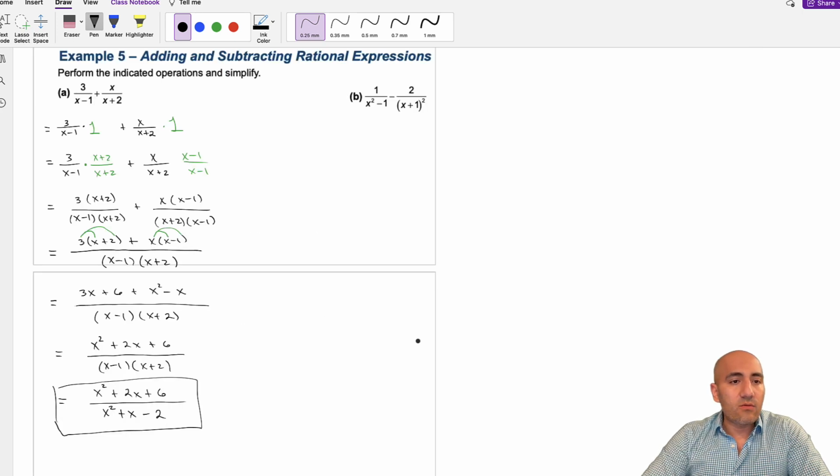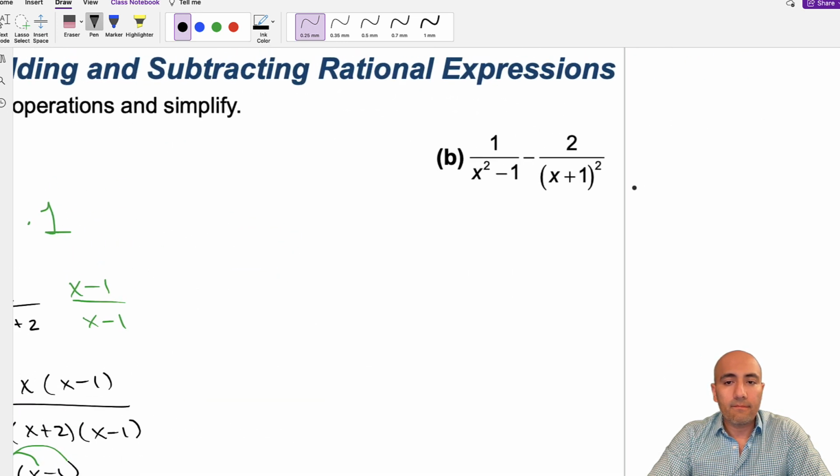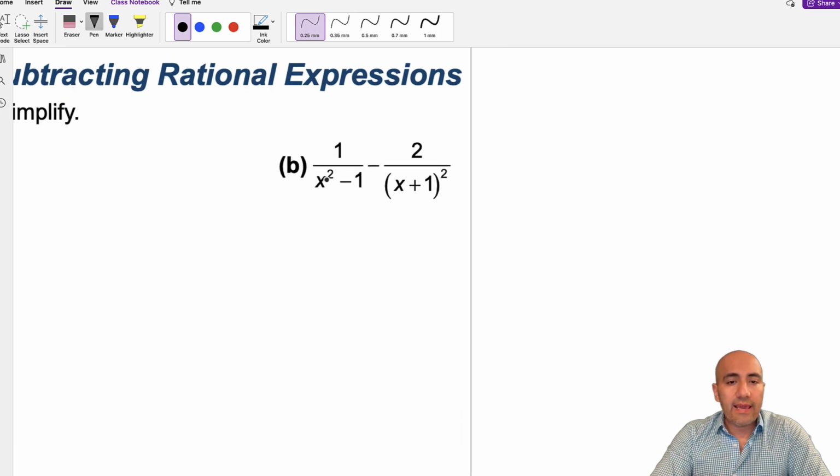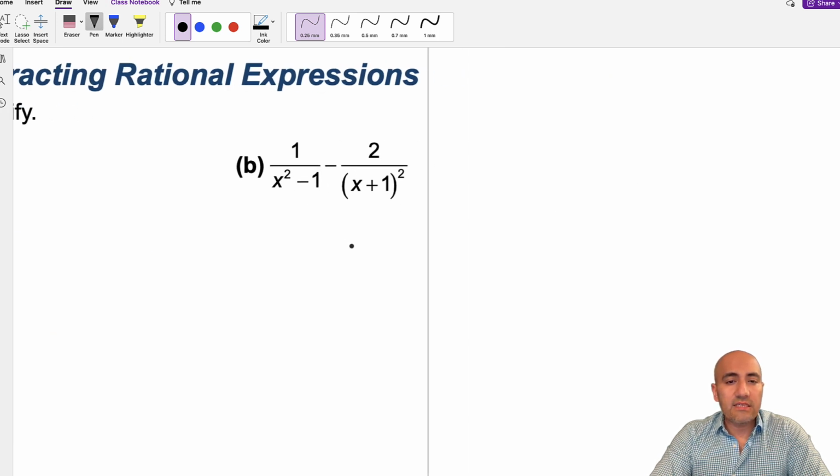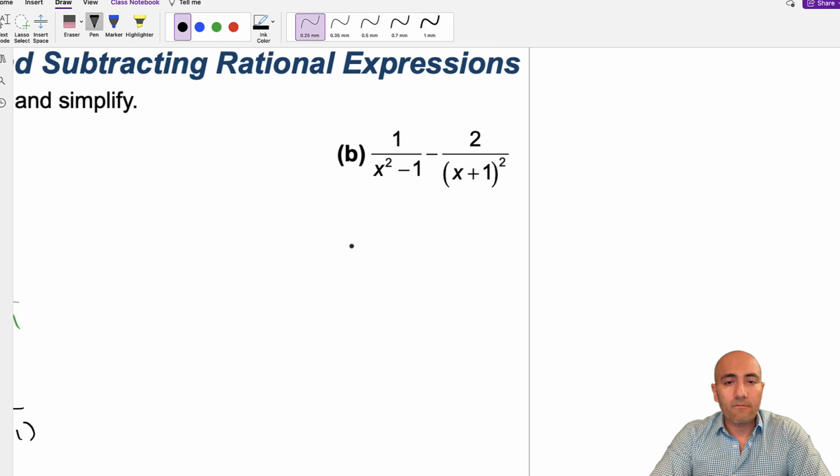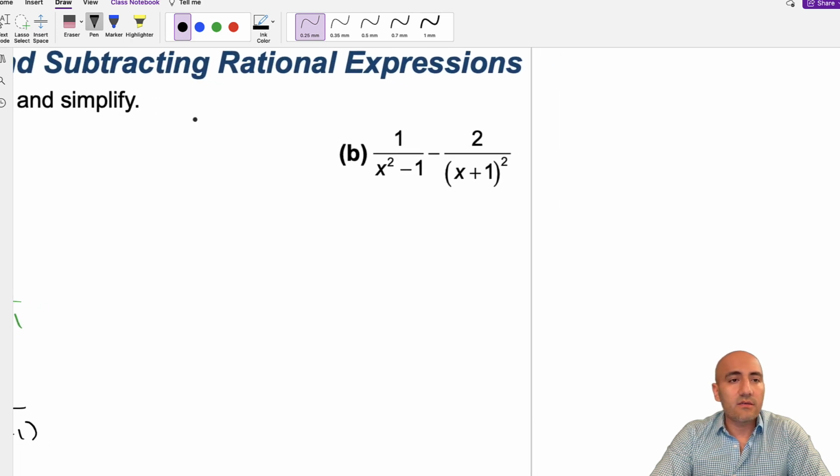All right, the second one. Now we have 1 over x squared minus 1, minus 2 over x plus 1 squared. So again, let's go ahead and factor this denominator and see what the common denominator will be. So looking at this fraction, I can see that it'll factor as x plus 1, x minus 1.